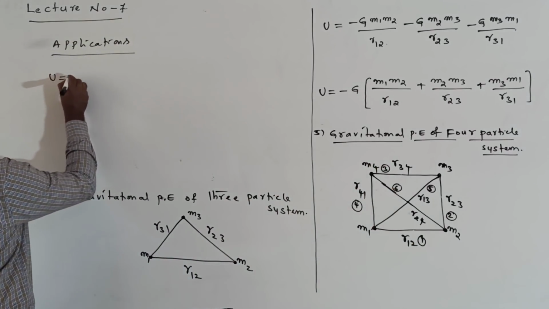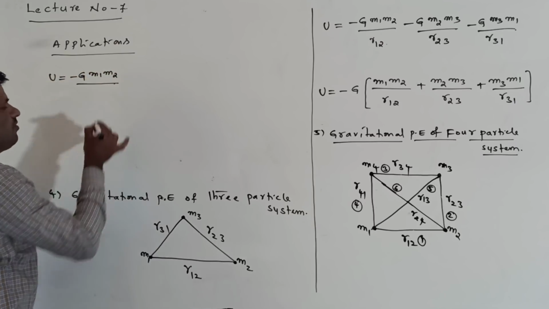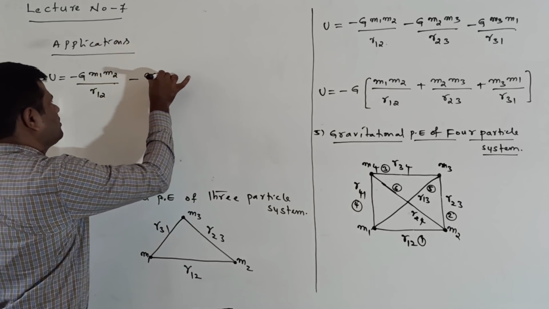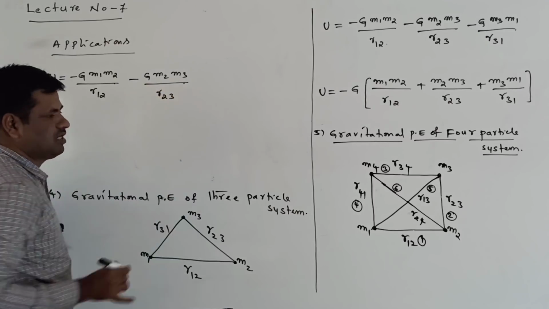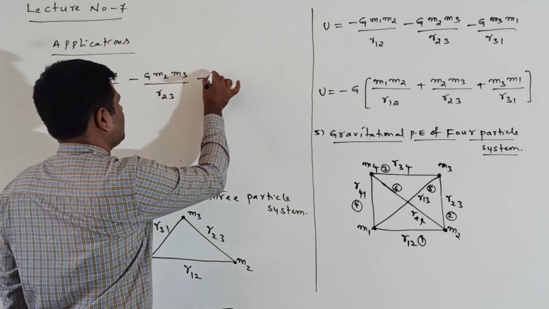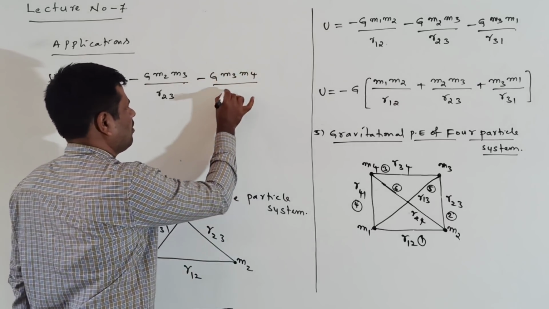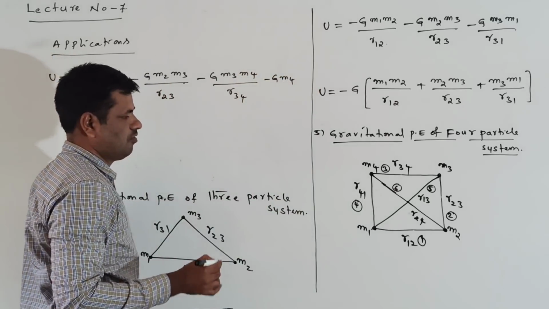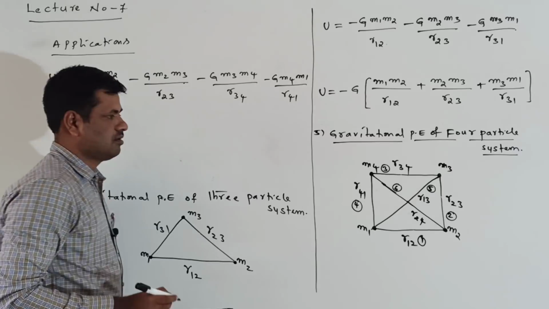Total potential energy for these 6 pairs: minus G into M1 M2 by R12, minus G into M2 M3 by R23, minus G into M3 M4 by R34, minus G into M4 M1 by R41.